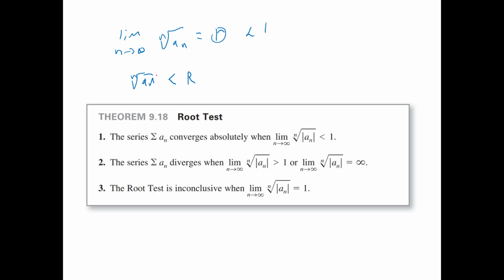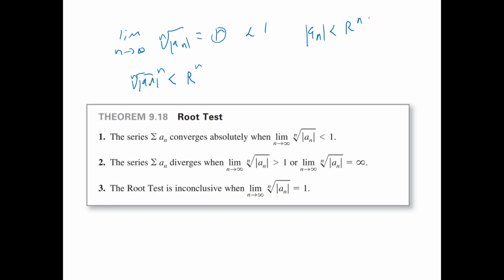And if we raise both sides to the nth power, because that is an increasing function, then eventually the a sub n will be less than, oh, I'm sorry, I need absolute values in here. Then the absolute value of a sub n will be less than r to the n. And so then your terms are smaller than a geometric series that converges, and so then your series should converge. So that's why this is working out.